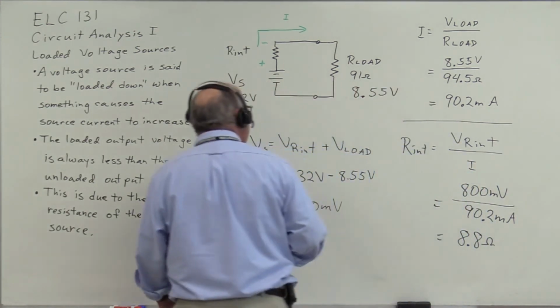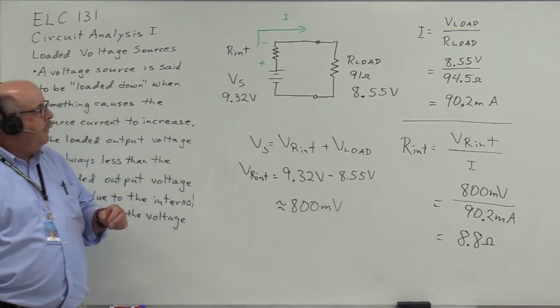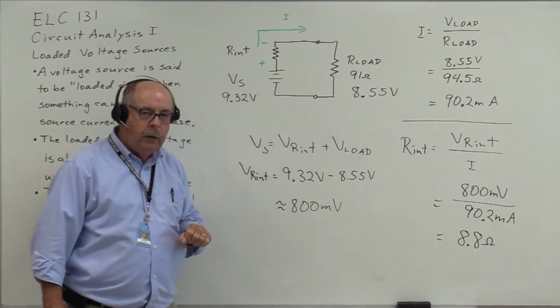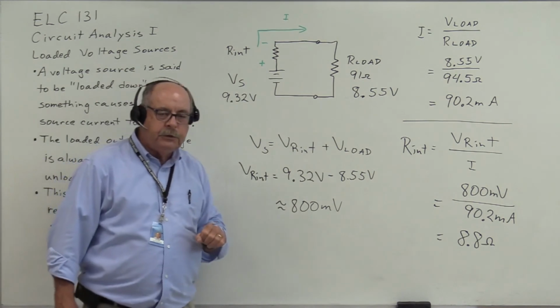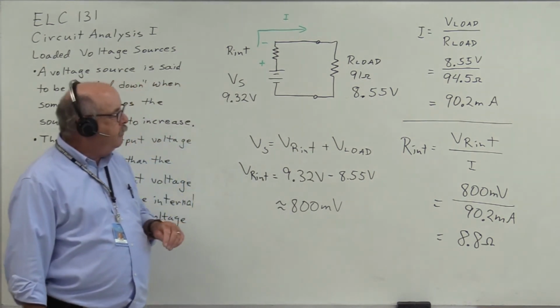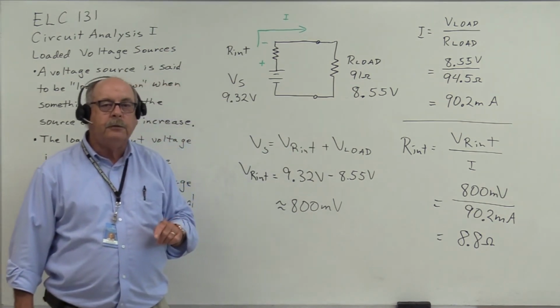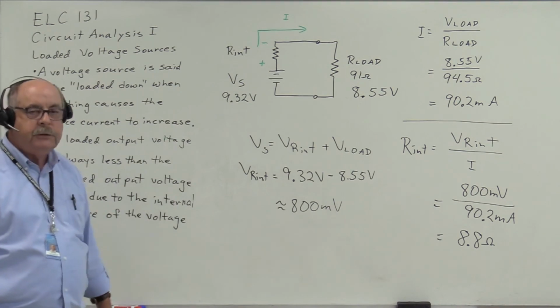And we looked at an example of a 9-volt battery. We measured the output voltage of the battery with no load connected, and then we connected a 91 ohm resistor to place this battery under full load conditions and measured 8.55 volts, and we could determine the internal resistance of the battery.